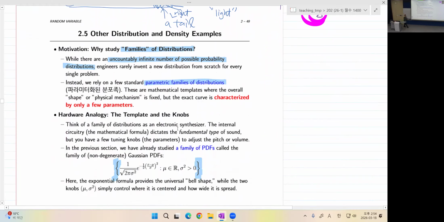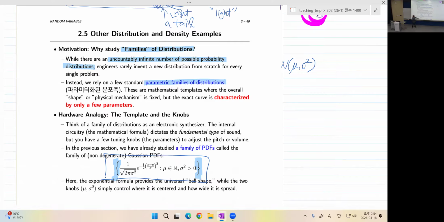Now, we've just seen Gaussian random variables with different parameters, but they have the same form. So let's put them in a set. This set is the set of all Gaussian probability density functions. Of course, you may define the set of CDFs of Gaussians, but let's just use the PDF in this case.